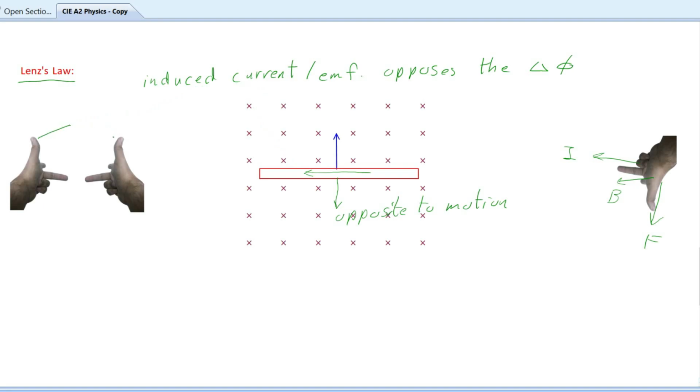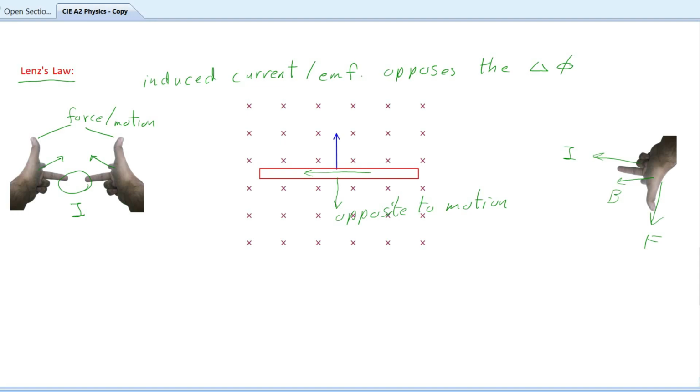Same pointing of the force or motion, same direction of magnetic field, but the current is reversed. So basically, if you have a current in a certain direction, you will have a force in a certain direction which is perpendicular to the current. But if you reverse the current, you will get the opposite force, or motion in a certain direction will give you a force in the opposite direction.